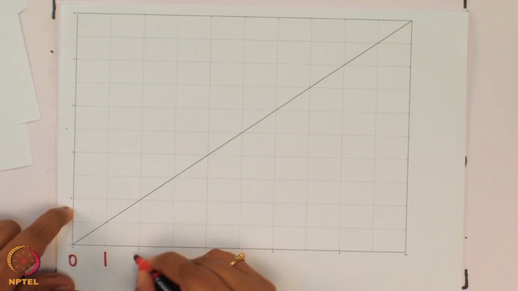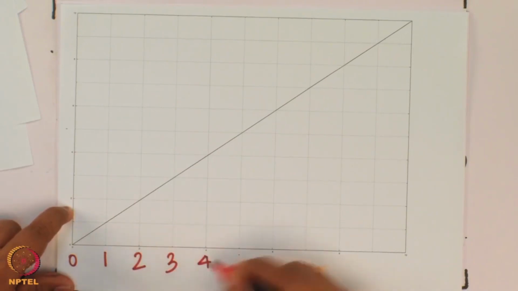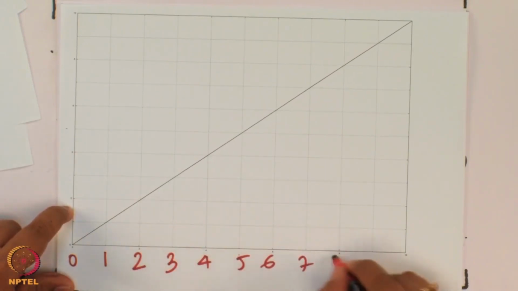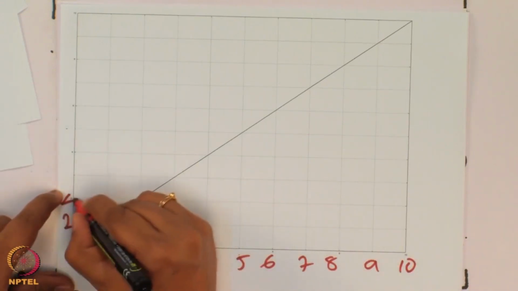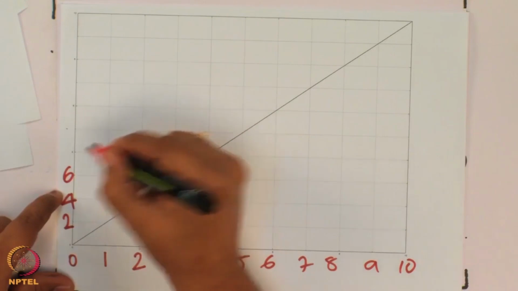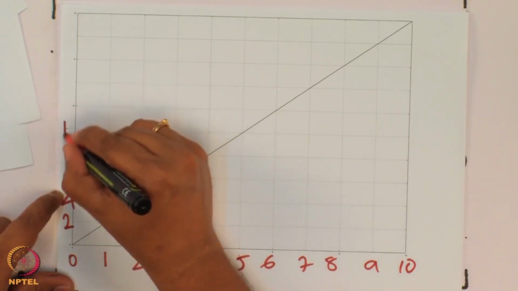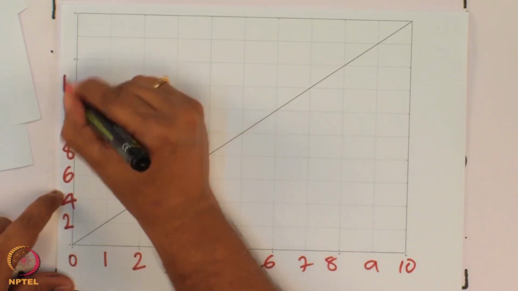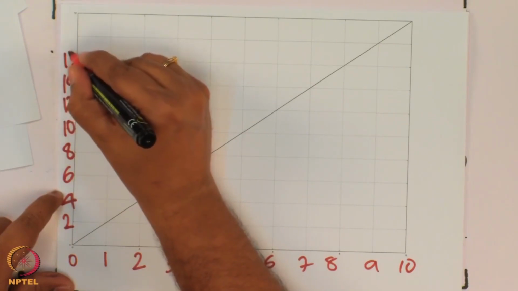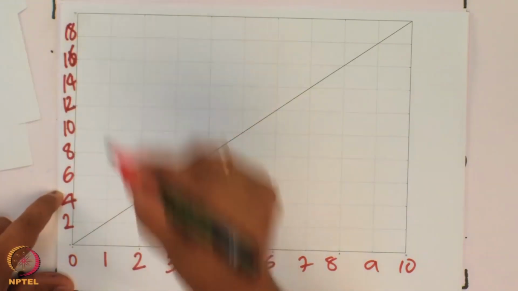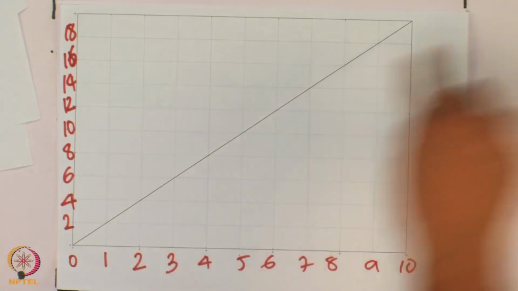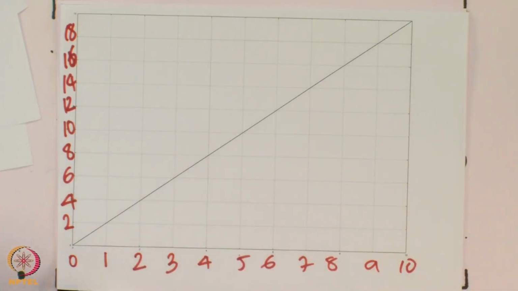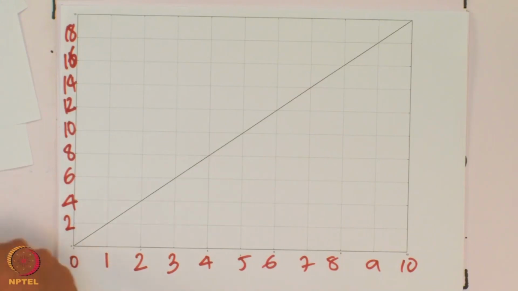This is 0, 1, 2, 3, 4, 5, 6, 7, 8, 9 and 10. And here I am going to put values 2, 4, 6, 8, 10, 12, 14, 16, 18 and so forth. Now this plot will become y is equal to 2x.